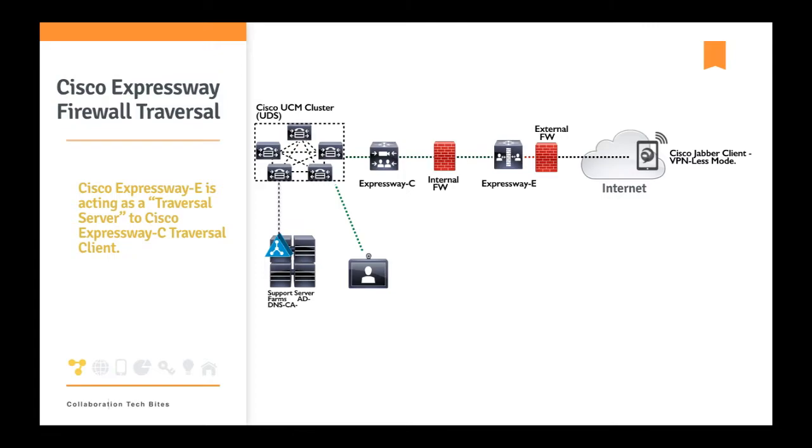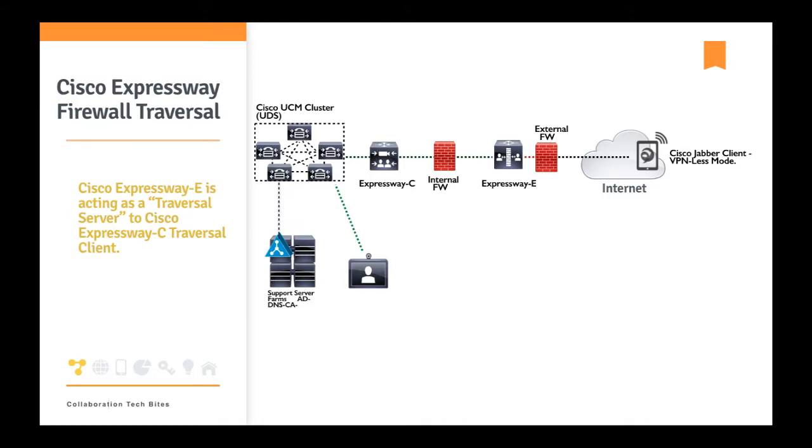To do that, this concept is called the traversal zone concept. To enable this traversal zone concept, there must be a traversal server and a traversal client. Expressway E is considered a traversal server.